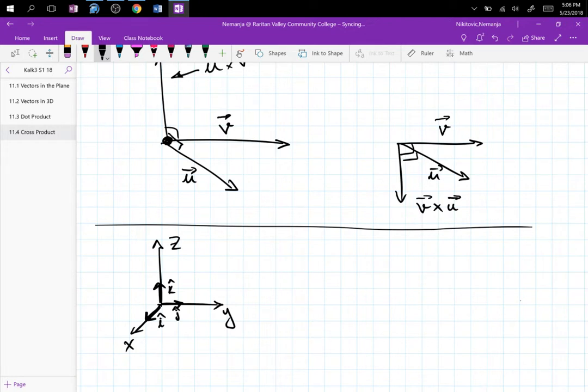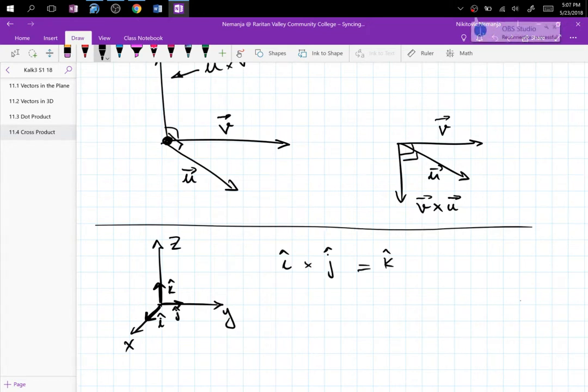The cross of any two of these will give you the other one, right? So you just have to follow the right hand rule to see whether you're getting positive i or negative i, positive j or negative j, because it depends. It's different if you do j cross k or k cross j. One is going to give you i, the other one is going to give you negative i as a vector.